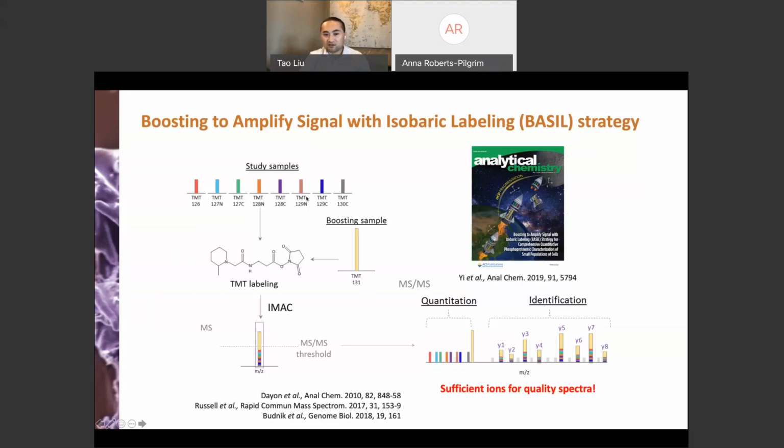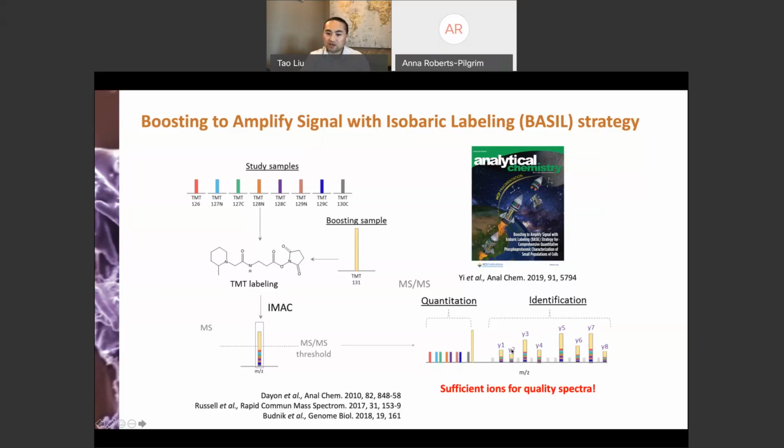So you do the labeling individually on all your small samples, and then you label a larger amount of sample as boosting using any TMT channel, and then you combine them so that in the eye of the mass spec it becomes one sample. And when you pick this precursor ion for fragmentation, it's actually the same species. That's the principle of boosting.